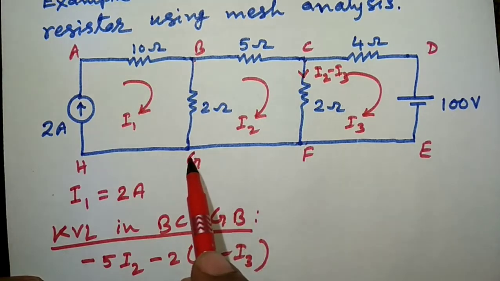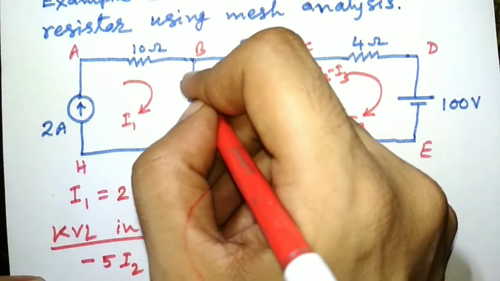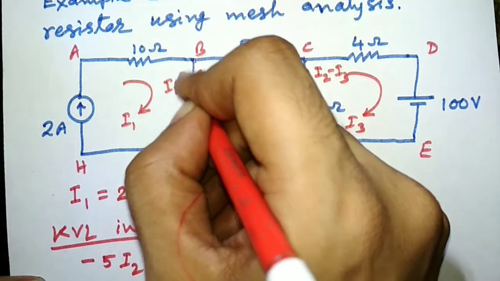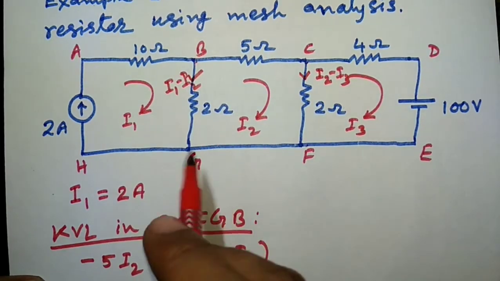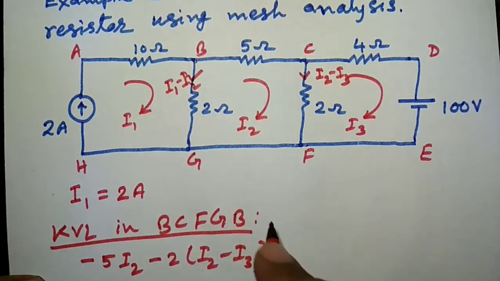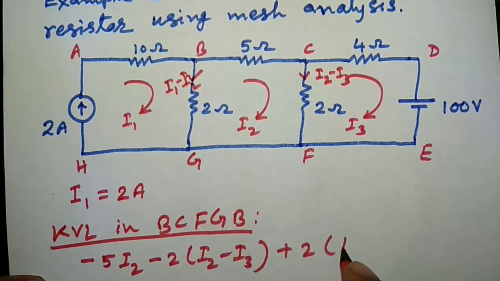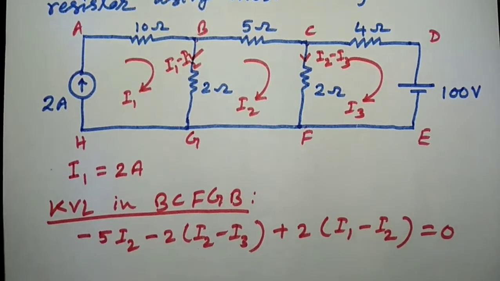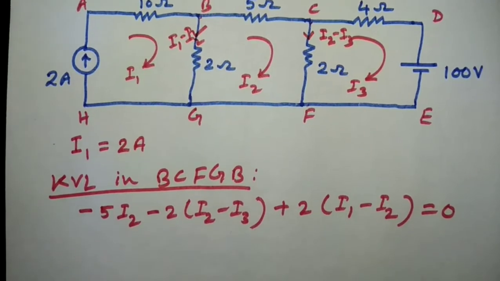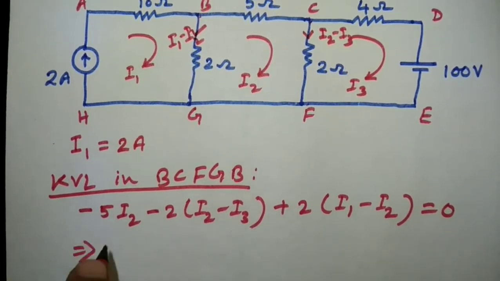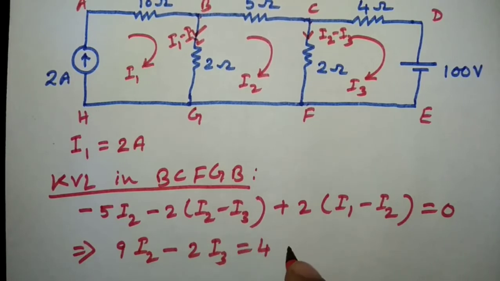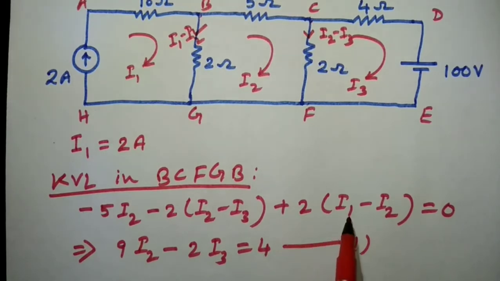From F to G it is nothing. From G to B, the current here is I1 minus I2, but here we are going in the opposite direction of the current, so it will be plus 2(I1 minus I2), and it will be equal to 0. Solving this equation, we get 9I2 minus 2I3 is equal to 4. Equation number 1. Here I replaced the value of I1 by 2.